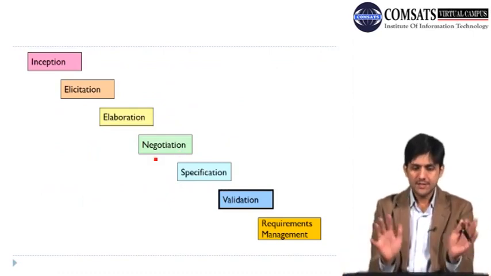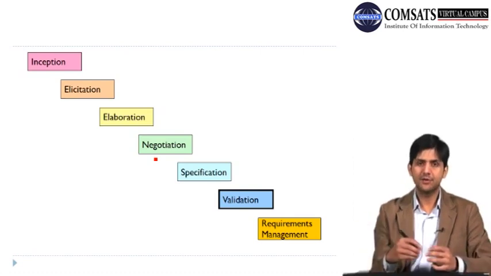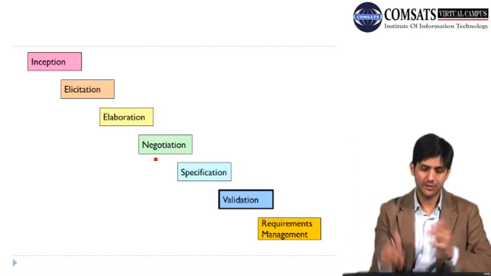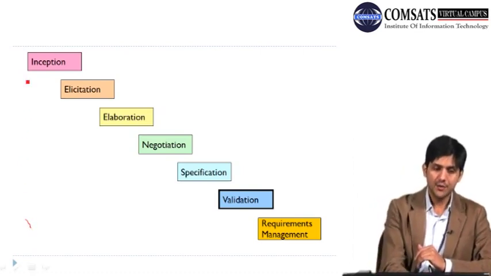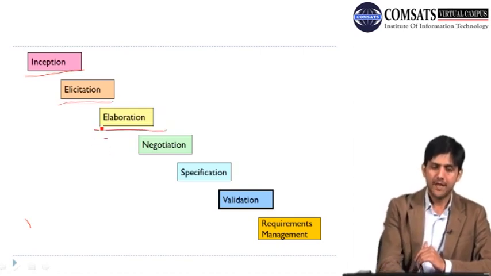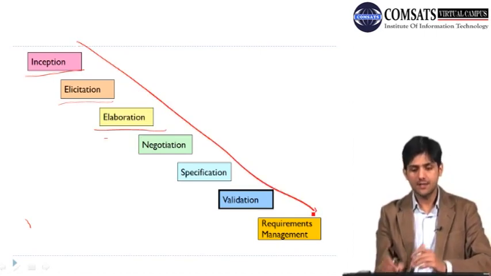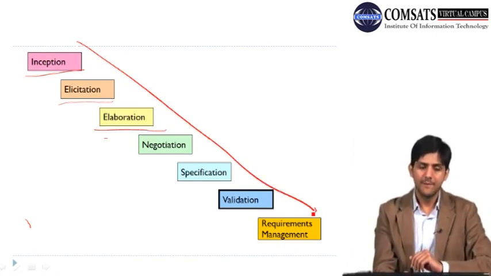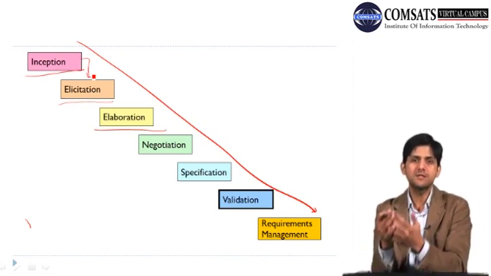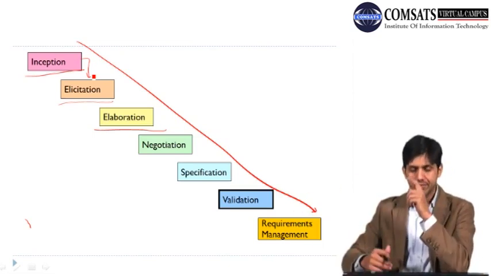I like this diagram because it gives us a perspective, from the point of view of this whole discussion on requirement engineering and from the perspective of our course, of where we are at this stage. We have done inception, we have talked about elicitation, and we have done elaboration. As you can see, there is a reason why we have these processes written in this fashion: inception leads to elicitation, because what we gather from inception helps us in eliciting requirements from the clients.